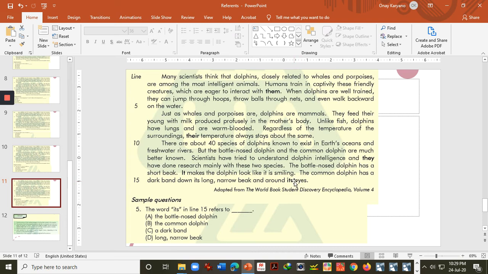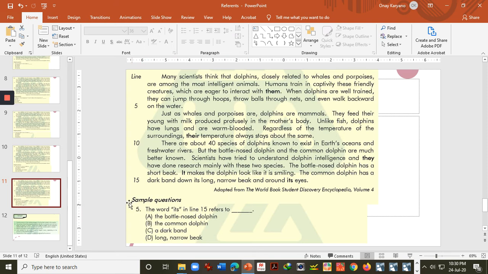Dari sini kita simpulkan bahwa its di sini mengacu ke subjek dari kalimat ini. That's why jawaban yang tepat untuk its di sini kita tidak usah cari jauh-jauh. It means B, the common dolphin.